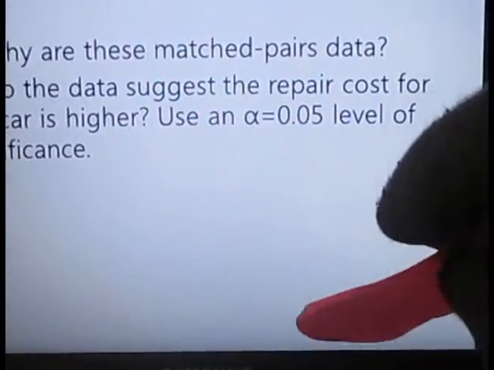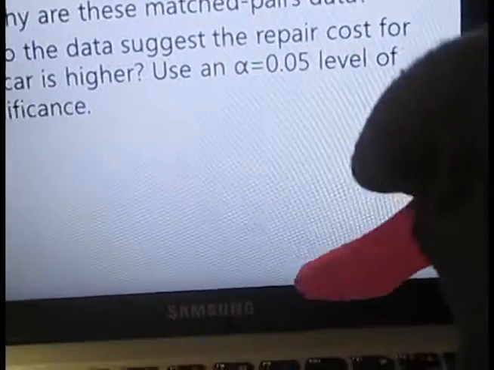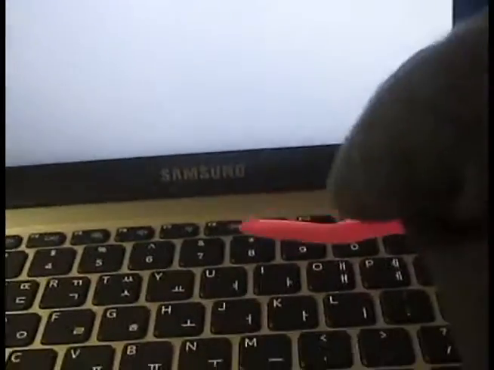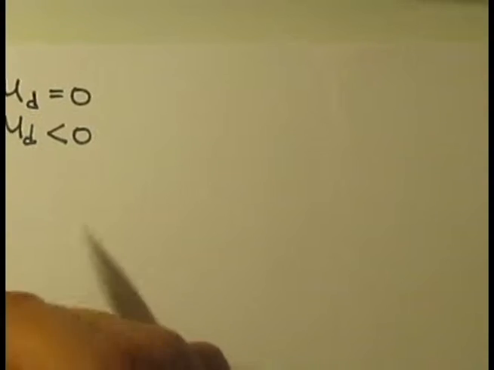So now we should determine the null and alternative hypotheses. Null hypothesis is going to be mu sub d equals 0.